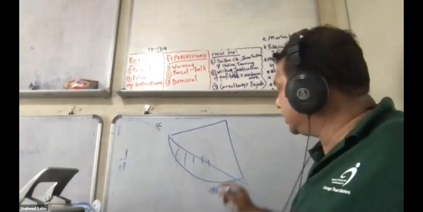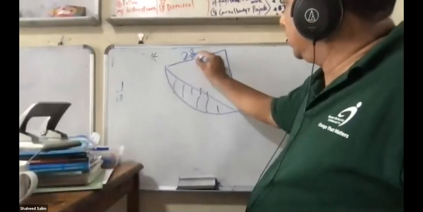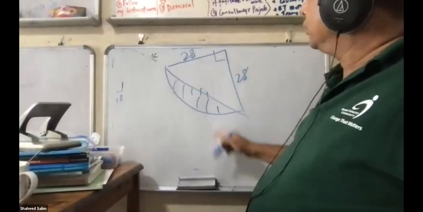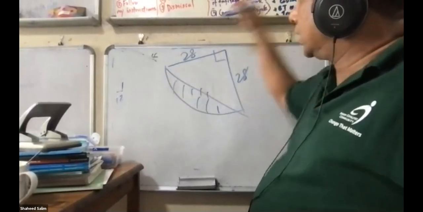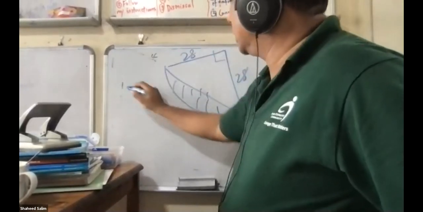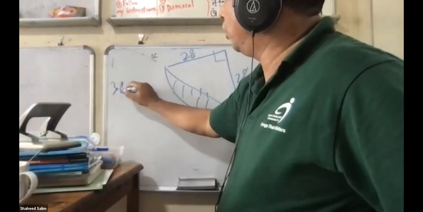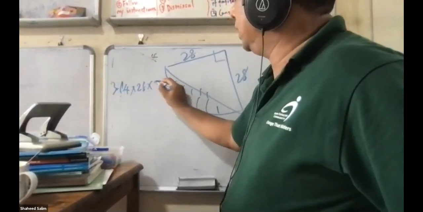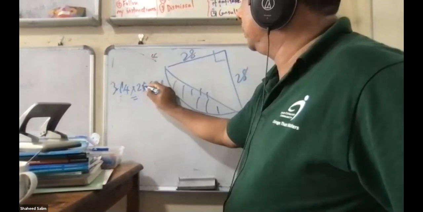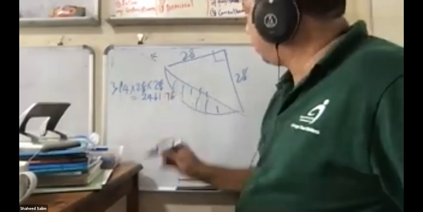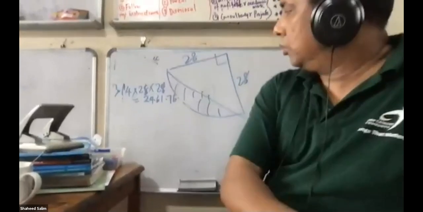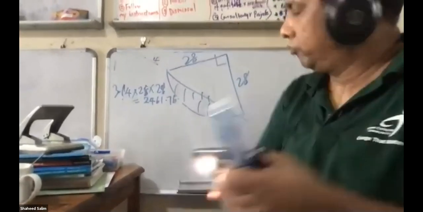Right now here, see, this is now 28. Find the area of the whole circle. What's the area of the whole circle? Pi times r times r, 3.14 times 28 times 28. What's the answer for this one? 2461.76. You use 3.14, yes, sir.